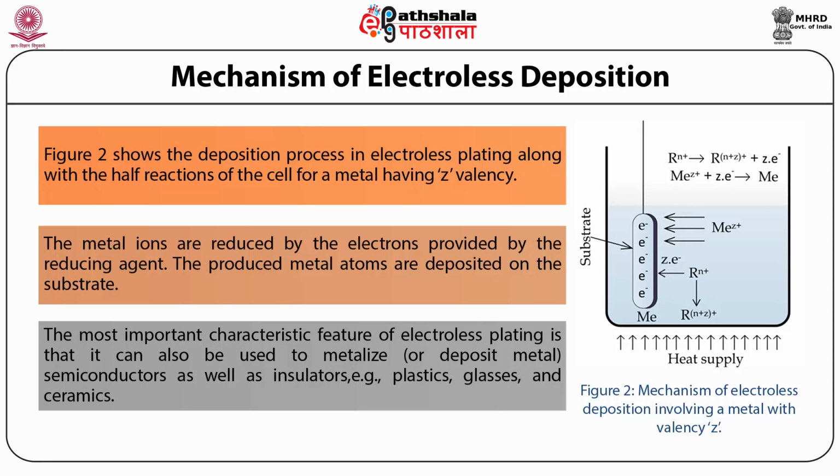The most important characteristic feature of electroless plating is that it can also be used to metallize or deposit metal on semiconductors, as well as insulators. For example, plastics, glasses, and ceramics. The mechanism of electroless deposition involving a metal with valency Z is shown in the figure.